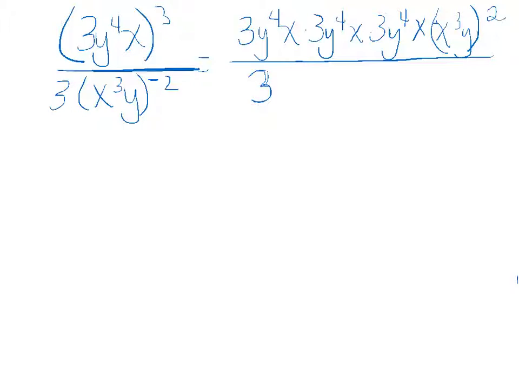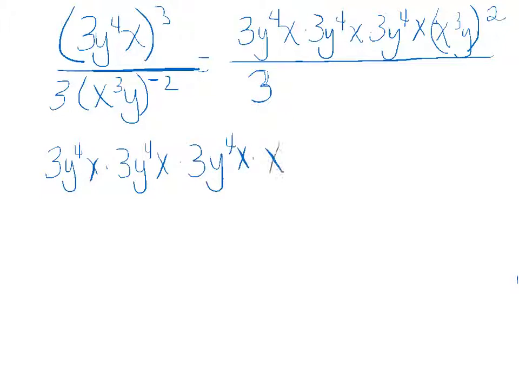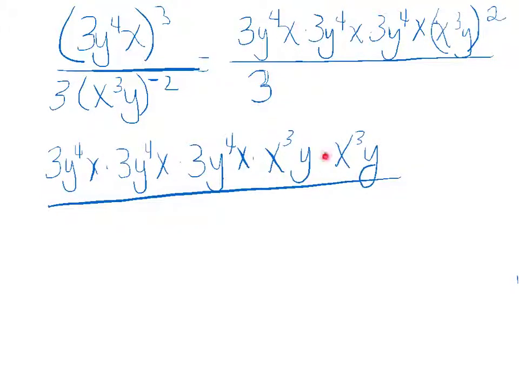So rewriting my numerator, I've got 3y to the 4th x times 3y to the 4th x times 3y to the 4th x times x cubed y times x cubed y. Again, this part is coming from the fact that I've got a base being raised to an exponent of 2.